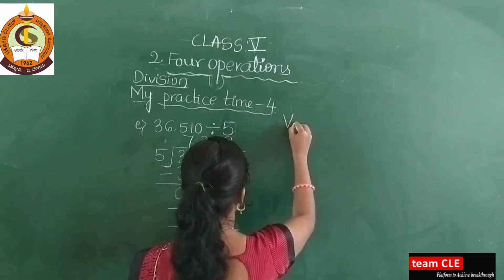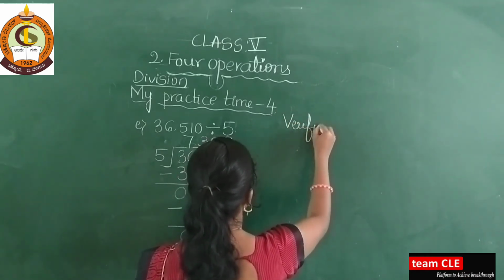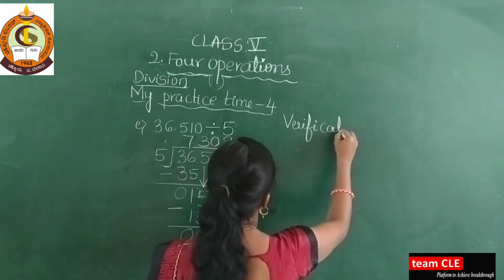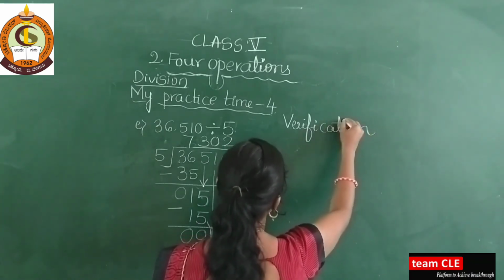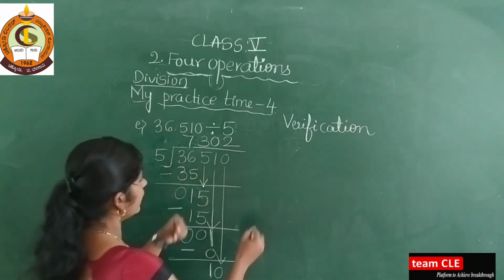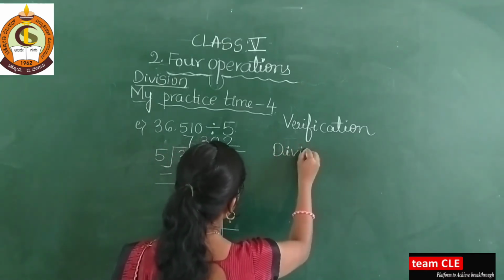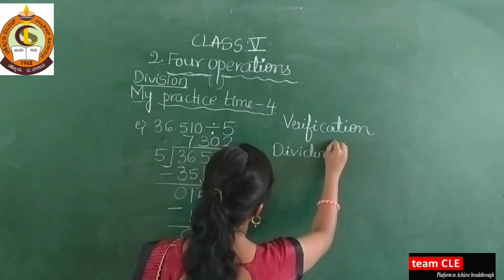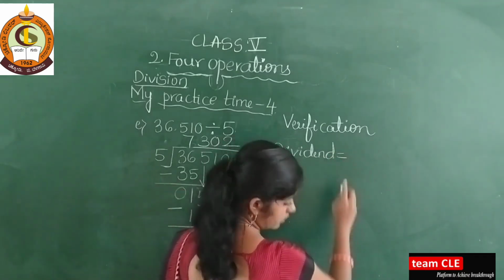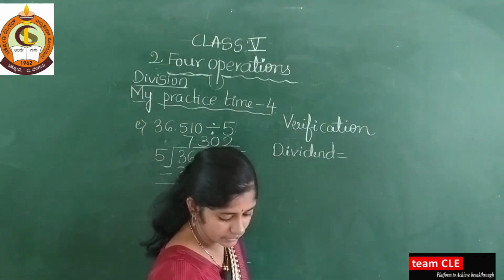So let us do the verification. What do I need to find here? Dividend, not divisor, dividend. Dividend is equal to what?